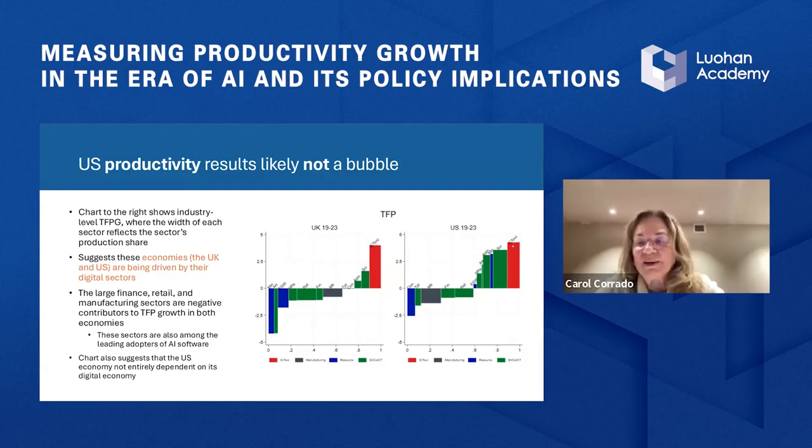The other reason the economy isn't a bubble, unlike the UK, is that you can see a lot of other industries contributing strongly positively to US productivity growth. I think people forget about that when they talk about a digital bubble. Yes, the US economy is dependent on its digital sector, but everything else is tooling along reasonably well also.